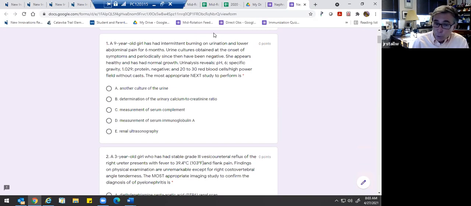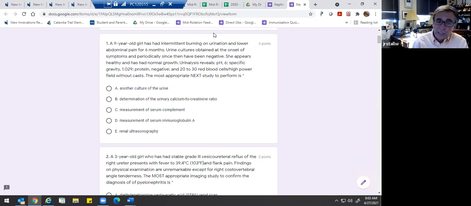You've either got a low serum immunoglobulin A or a high serum immunoglobulin A. Within the context of this question, I'm not sure I could connect a low one, but I could connect a high one, because in Henoch-Schoenlein purpura, serum immunoglobulin A is elevated.